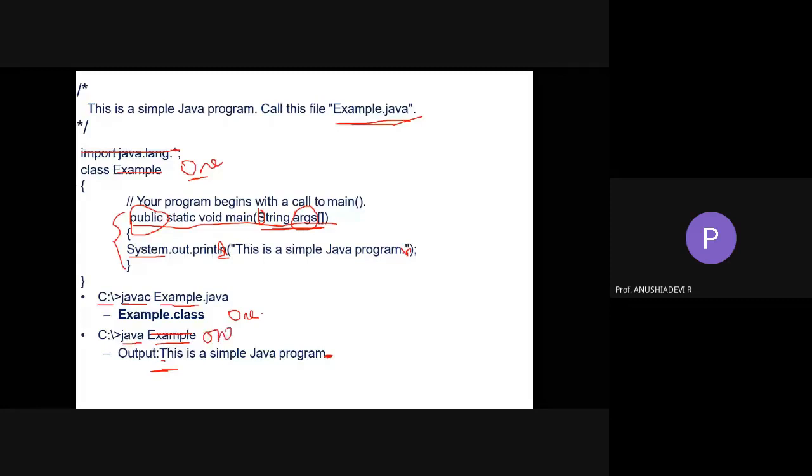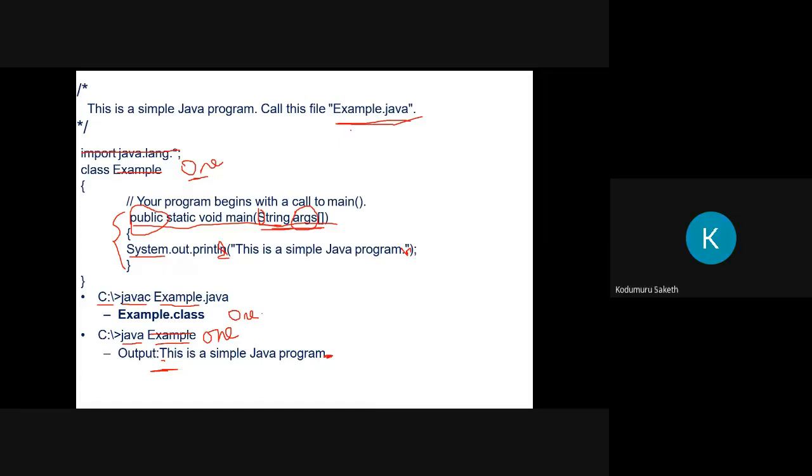That's why usually we use the same name for the class name as well as the file name. If the file name is example.java, then make the class name also example. If the class name is example, then the .class file is also created with the same name.